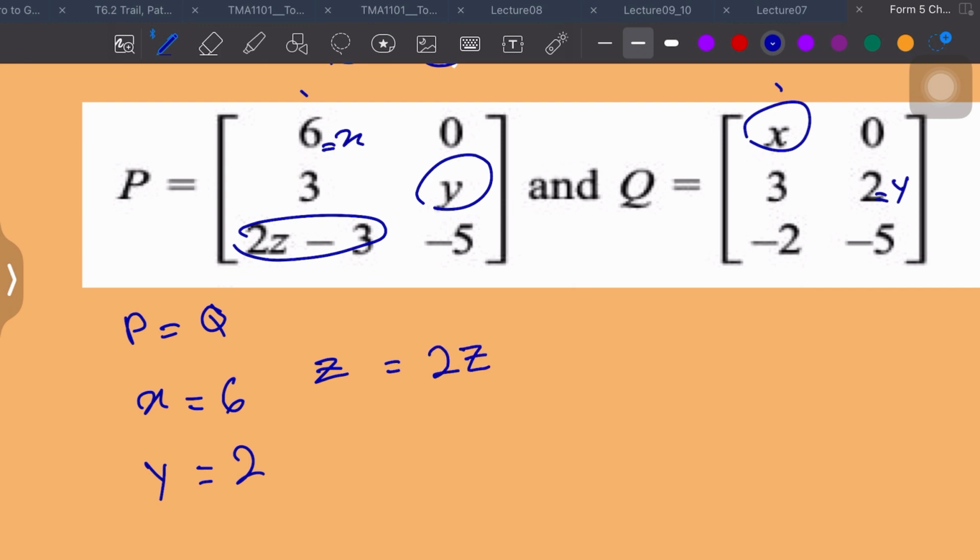2Z minus 3 is equal to negative 2. We got this from P, this one is from Q. So simplify it.